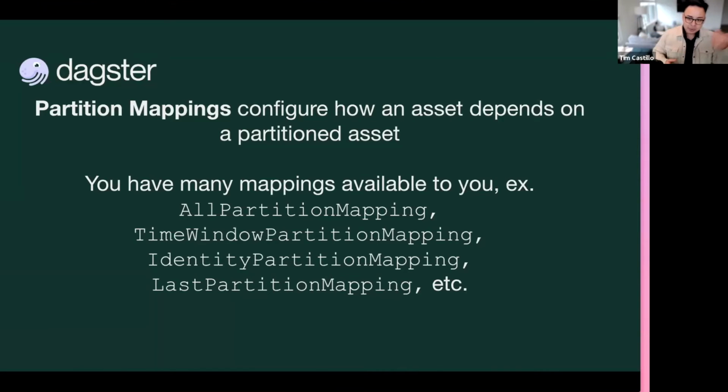And there are a couple that we didn't really dive into, but are worth covering, such as IdentityPartitionMapping, which lets you map one-to-one the same partition across two assets. Or LastPartitionMapping, which lets you depend on just the latest partition in the sequence, such as the most recent day or most recent week.